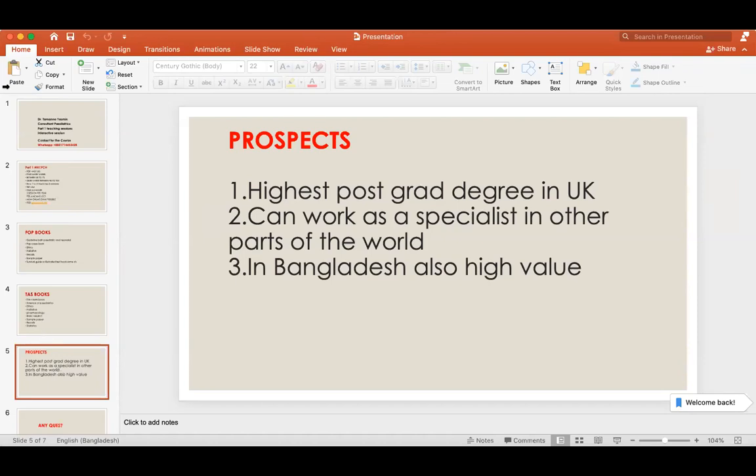You can work as a specialist in other parts of the world, like Australia, Gulf countries, and many other countries. They recognize MRCPCH as a specialist. In Bangladesh also, it has the highest value after FCPS, because FCPS and MD are Bangladeshi degrees, widely recognized in Bangladesh. But if you are working as a consultant and you have passed MRCPCH, then definitely it will give a value.